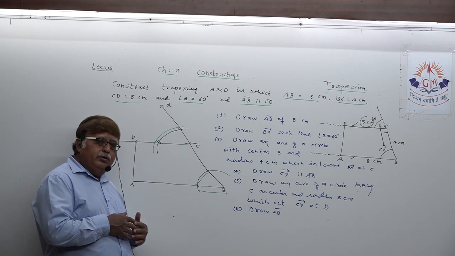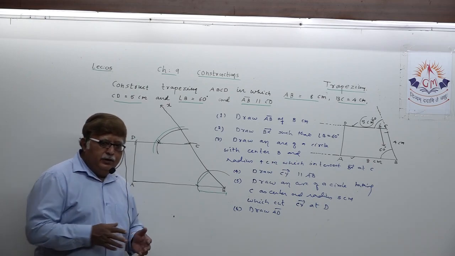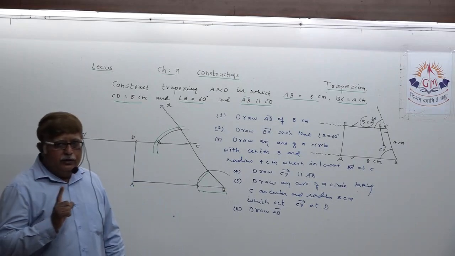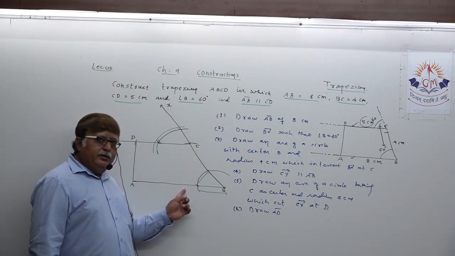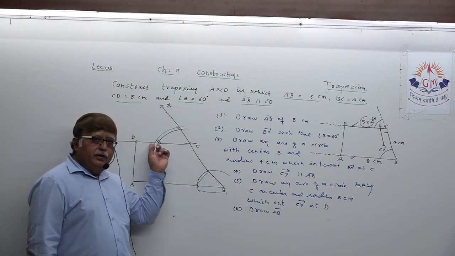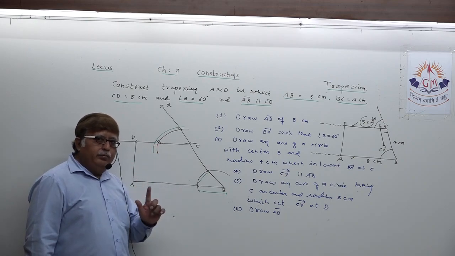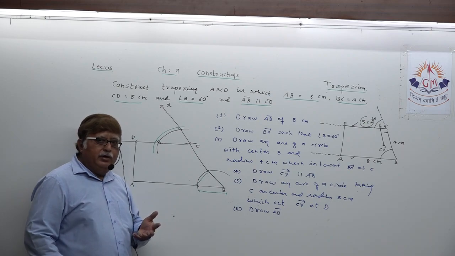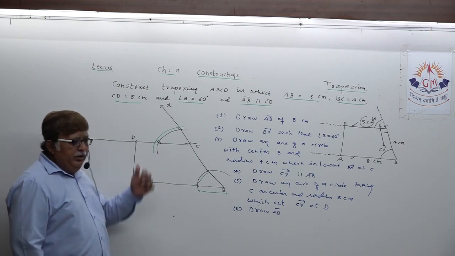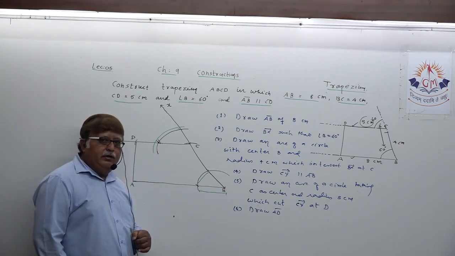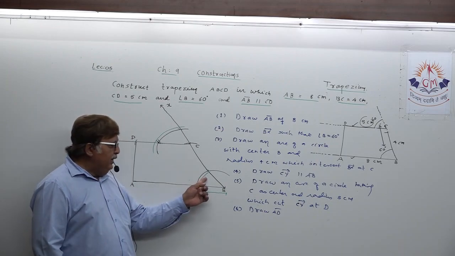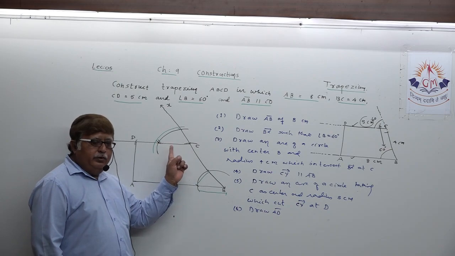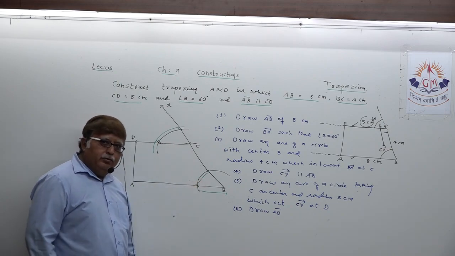That's why I told you at the start that when you construct a trapezium, you have to be very precise that AB and ray CY are parallel to each other. How can you realize that AB and CY are parallel? Only by ensuring that this angle is congruent to this angle.